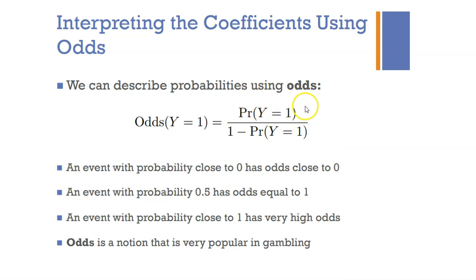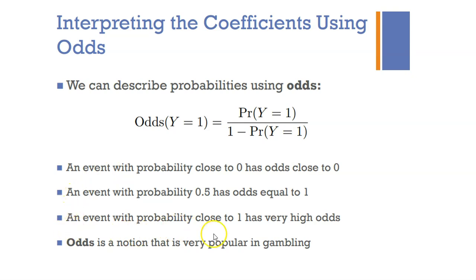This means the probability of default happening, divided by 1 minus that, or the opposite, which means it doesn't happen. An event with probability close to 0 has odds close to 0. An event with probability of 0.5 or 50% has odds equal to 1, because this is 50% divided by 50%, which is 1.